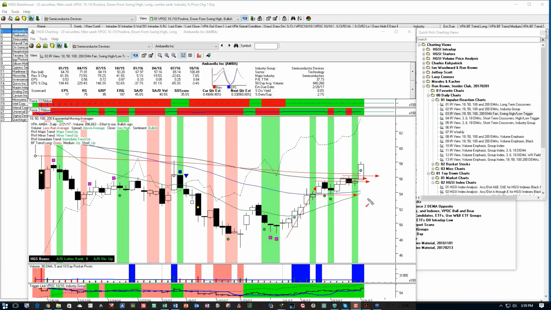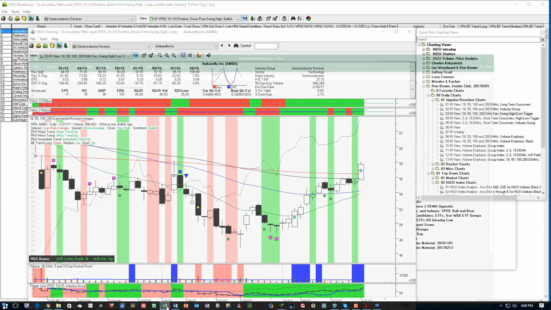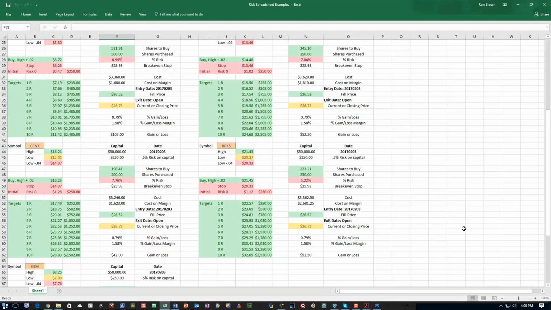You have your risk control in place. You know how much you're buying before you ever put the trade on. I'm going to just flash this up on the screen. This is my spreadsheet, and every trade that I take, I put the high, the low, and information in here. It calculates the stop for me.